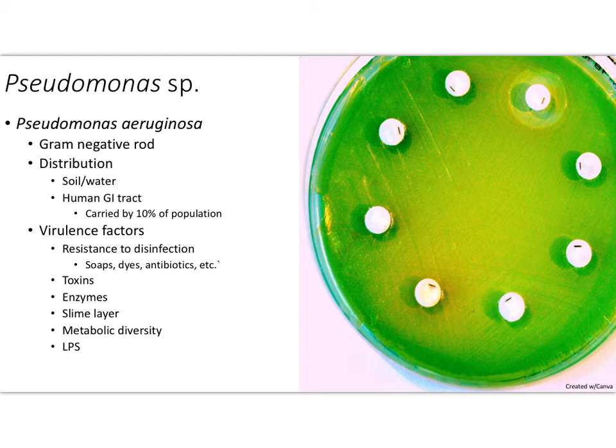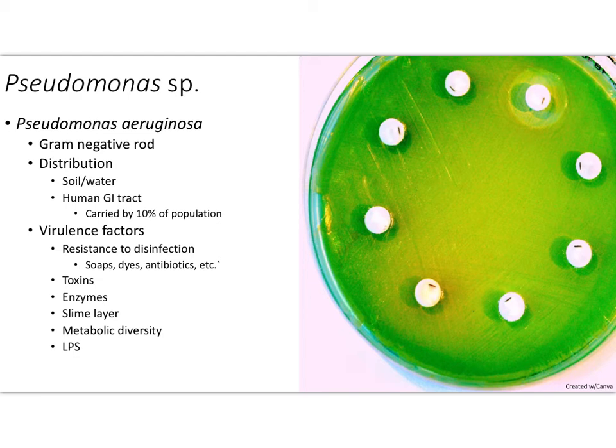In terms of specific virulence factors, it is oftentimes very resistant to disinfection. Things like soaps, dyes, antibiotics, and other types of standard disinfection procedures don't always work on it. There are instances where you can actually find Pseudomonas growing in or living on soap. So especially bar soaps.